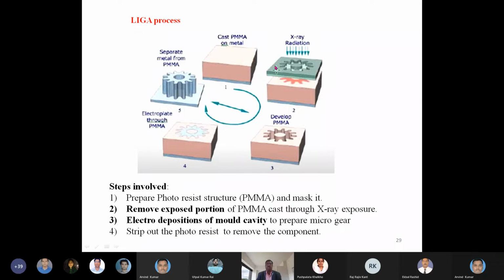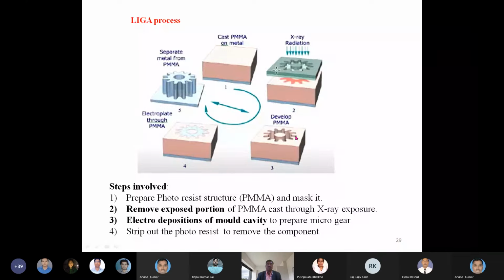There will be a mask provided above the substrate, and the X-ray is passed through the mask. If there is a gear shape, that shape is provided. Whenever the X-ray passes through, the PMMA material that receives the X-ray becomes evaporated, and thus this becomes a cavity.